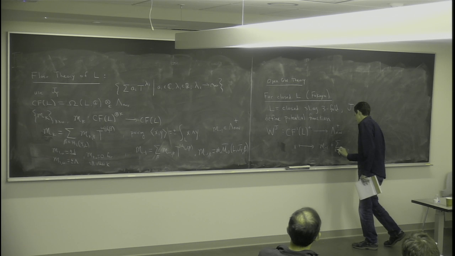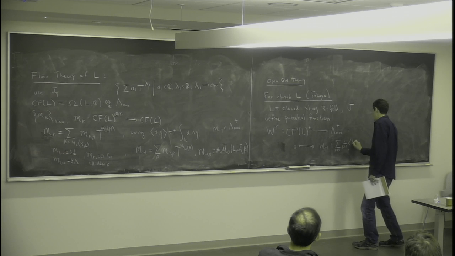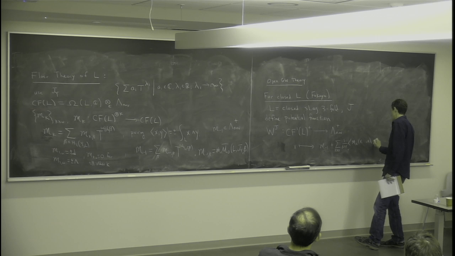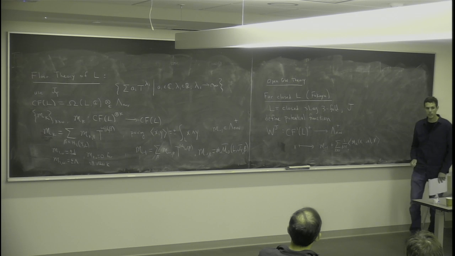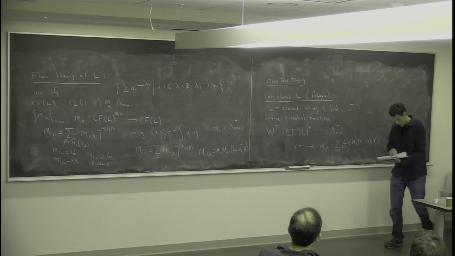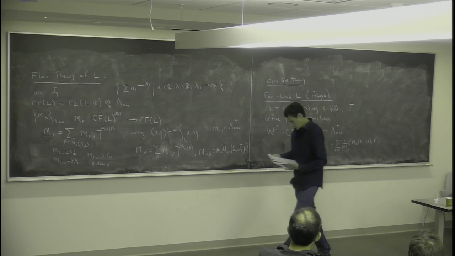So this is how we define the potential function. And then this has some nice properties. The most important of which I want to emphasize now is that it descends to a function on the moduli space of bounding cochains.